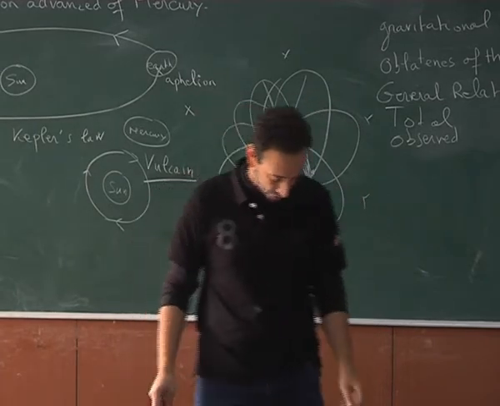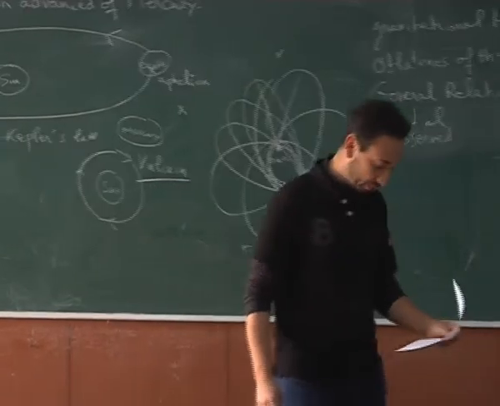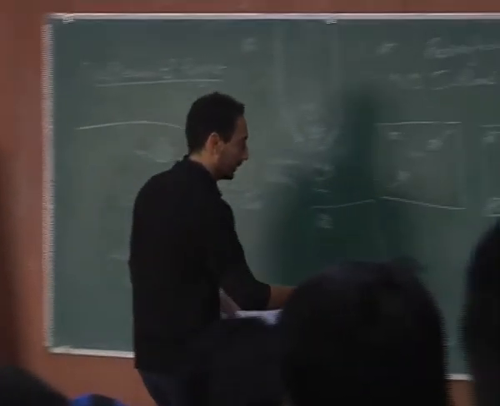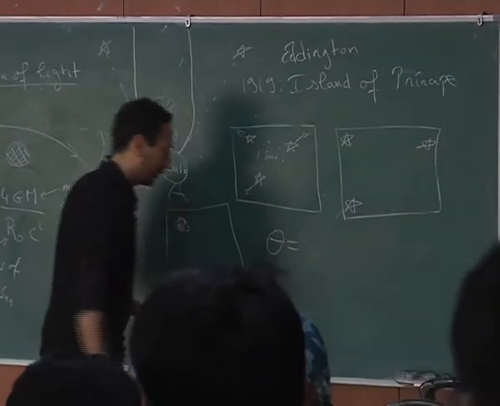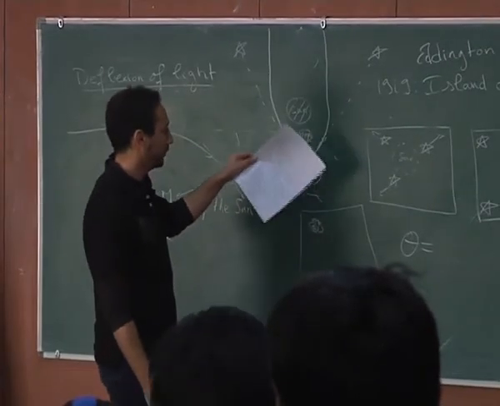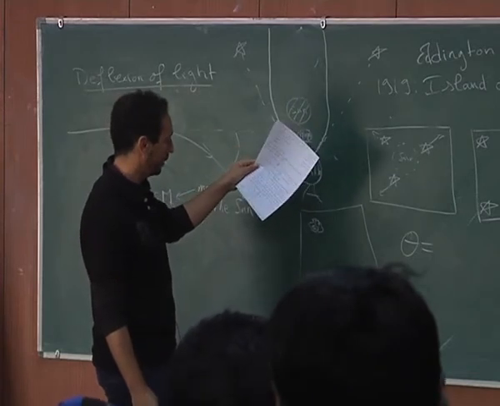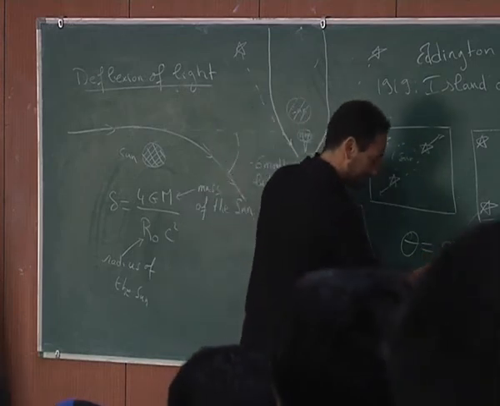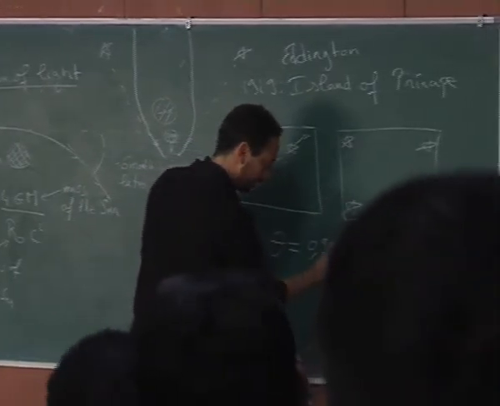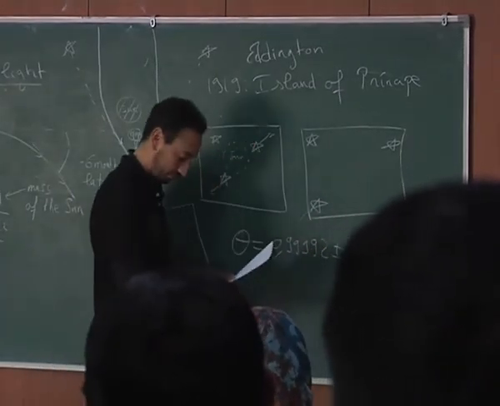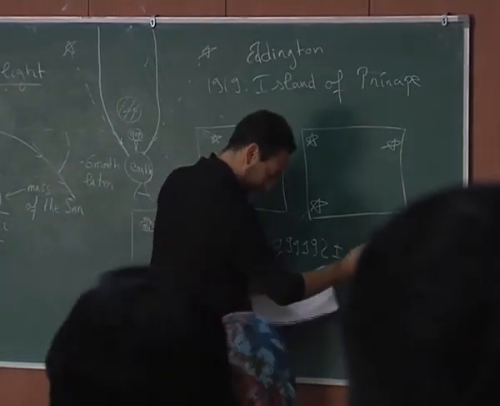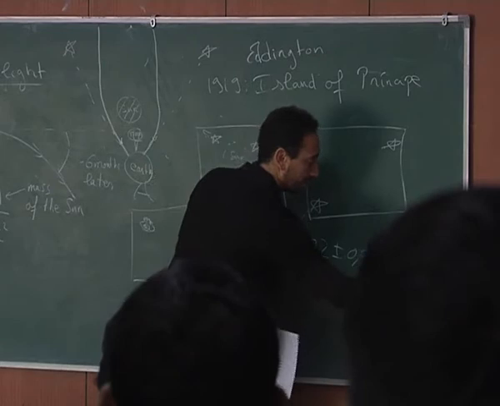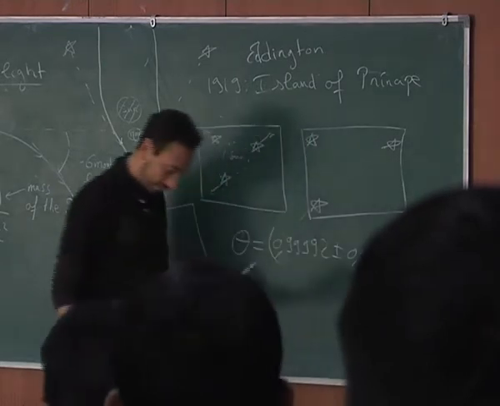So what is the precision that we have now? Now it's done with telescopes, and what you get is 0.9999 plus or minus 0.003023 times the prediction by general relativity.